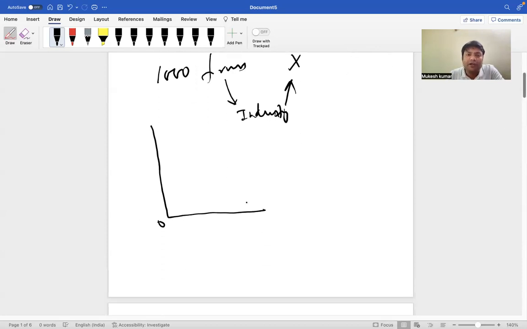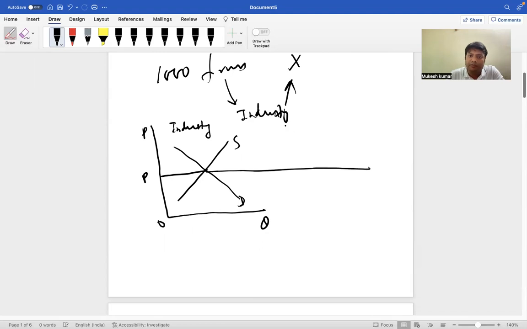In the perfect competitive market, in the industry, there is the demand for good X, supply of good X, and this is the equilibrium point where the equilibrium price OP per unit has been determined. And this price will be given to every firm.